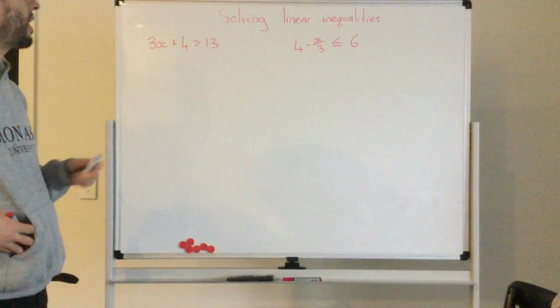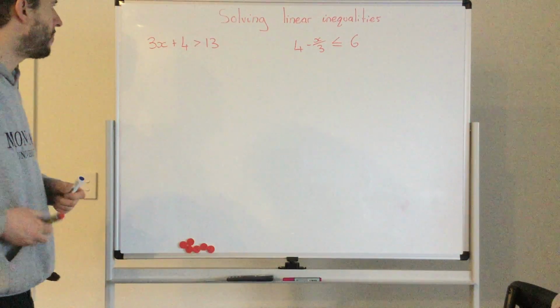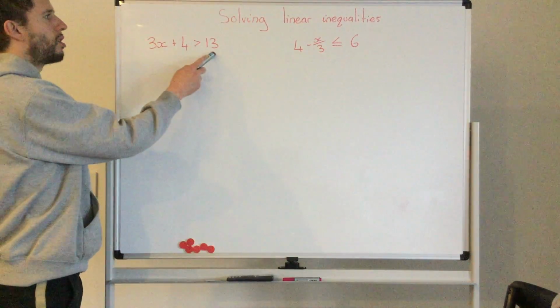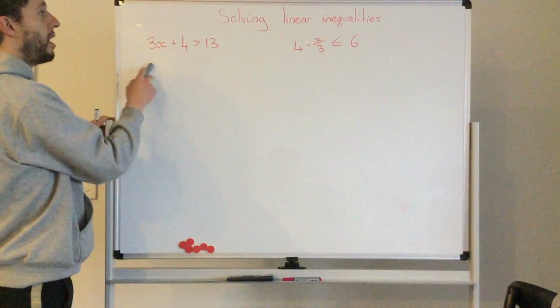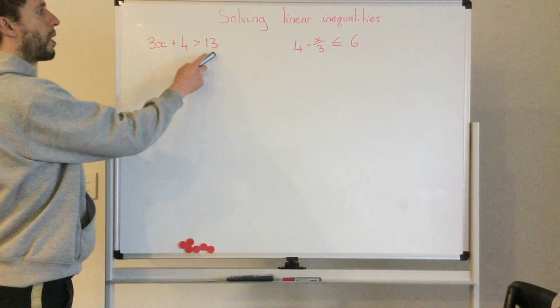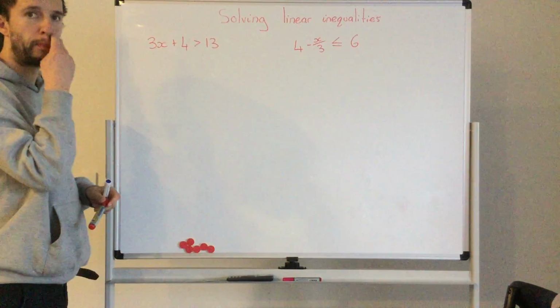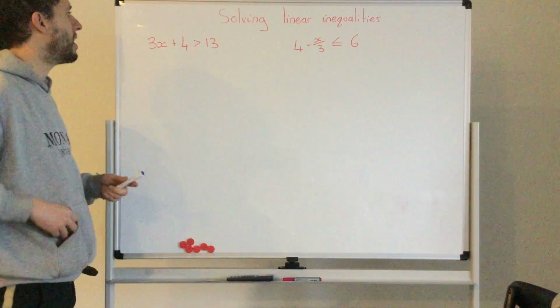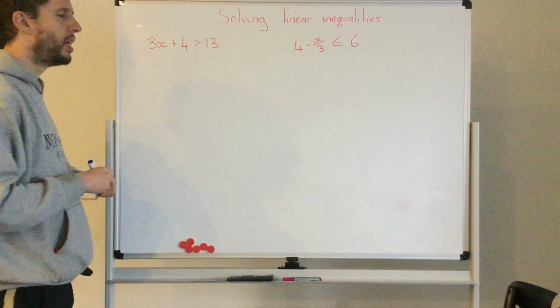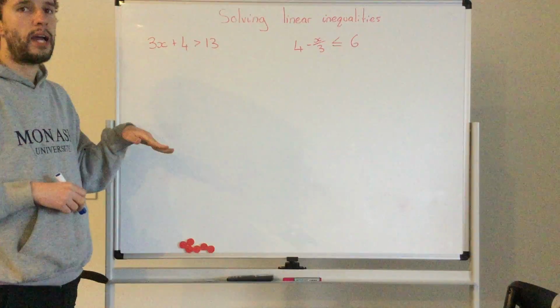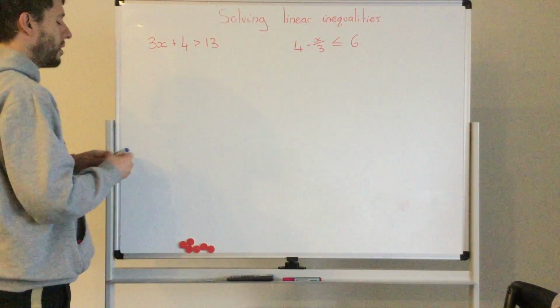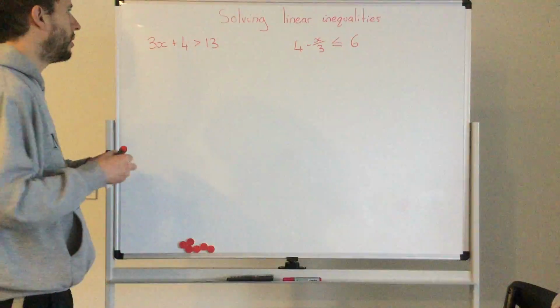So the first thing on this side, I need to work out what x needs to be to make sure that my left-hand side is greater than 13. And to do that, I need to get x by itself. So this is the same thing as an equation. Whatever you do to one side, you must do to the other.